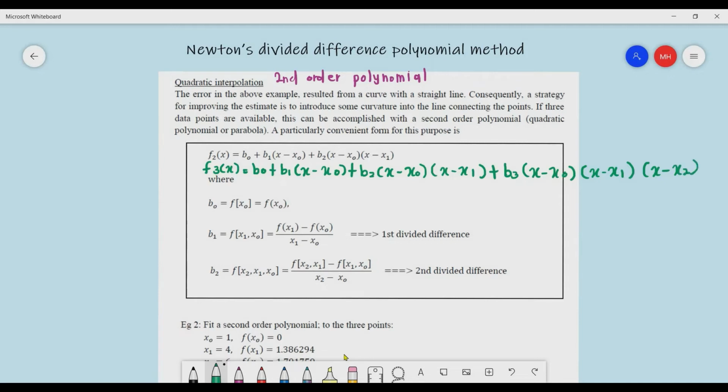Very easy, just follow the sequence here. Then you have the unknowns b0, b1 and b2. These are the unknowns that you need to solve in order to find the interpolated function.